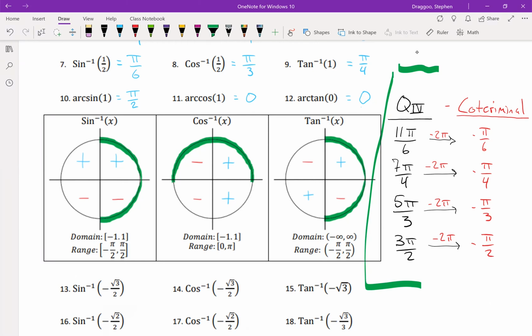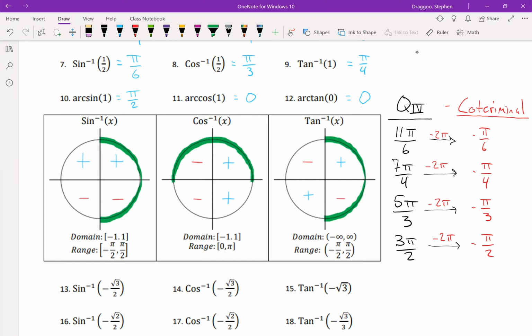So we'll be using negative pi over 6, negative pi over 4, negative pi over 3, and negative pi over 2, specifically for the points that we have memorized from the unit circle. We'll be using those. For cosine inverse, they're in the middle.